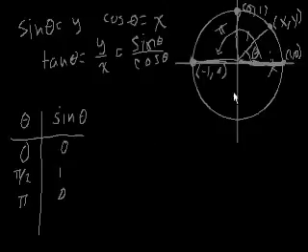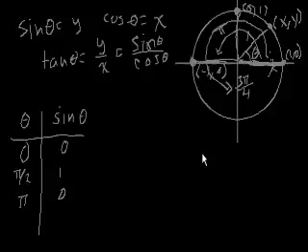Let's just keep going around the circle. When theta is equal to 3 pi over 2, because this is pi and this is another half pi, so this is 3 pi over 2, sorry. So when theta is equal to 3 pi over 2, what is sine of theta?